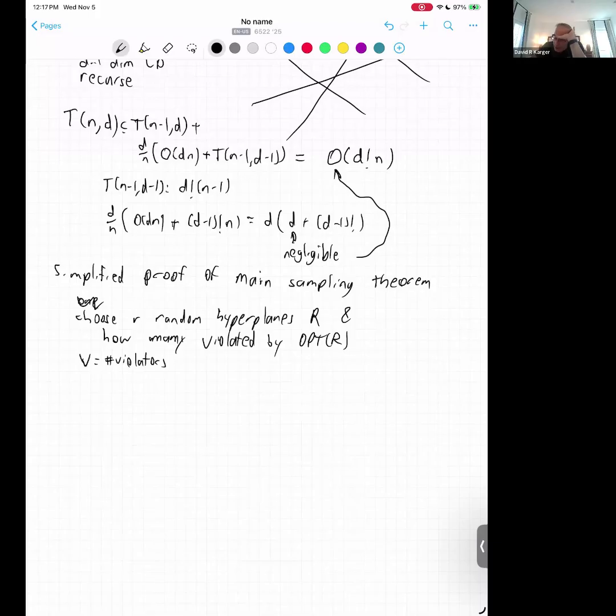One way for me to understand that expectation is to instead think about P, which is the probability that a random hyperplane H that is not in the set that we first choose is a violator.